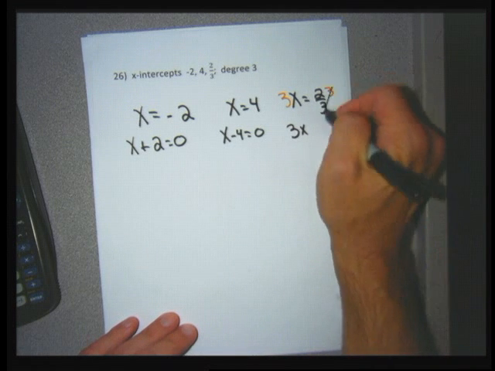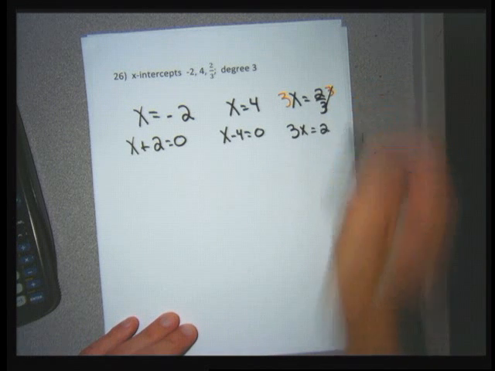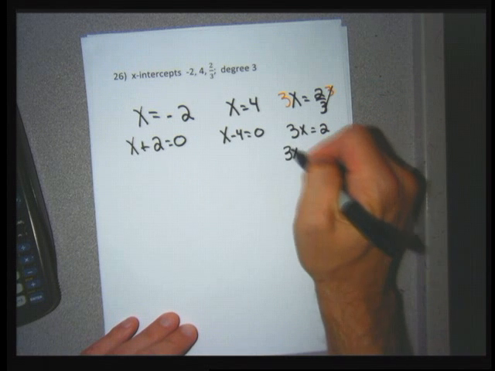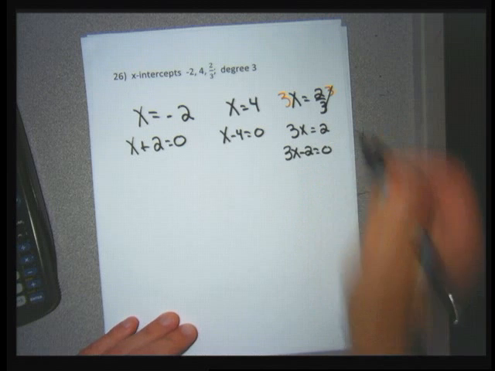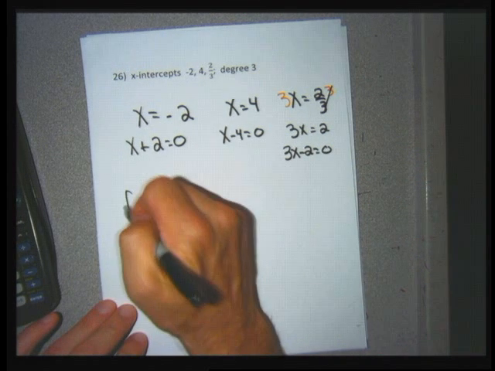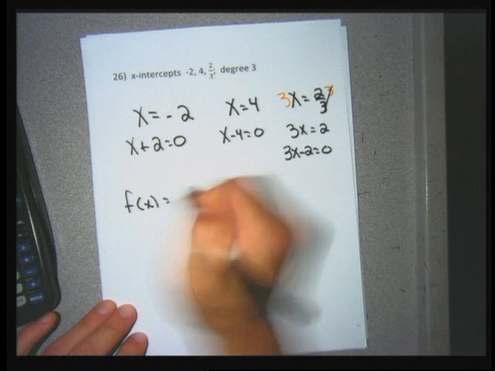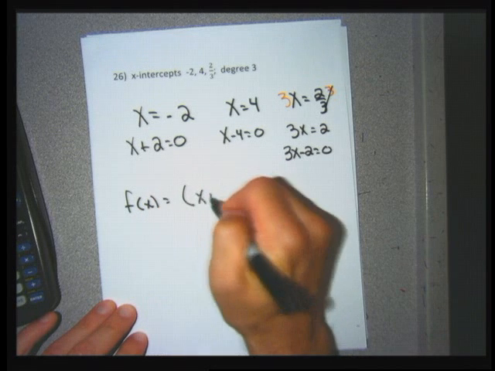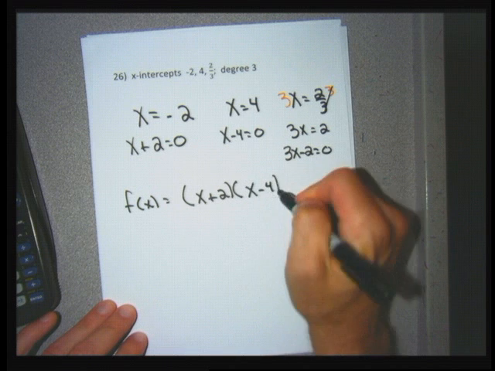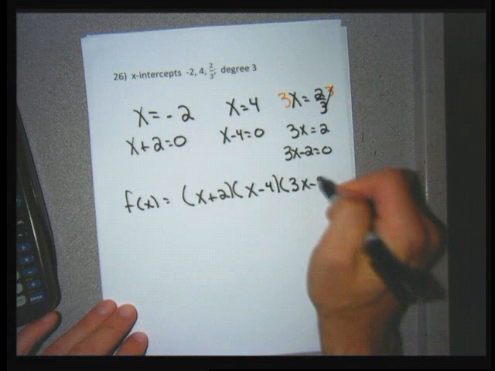When you multiply the right side by 3, the 3's cancel and you get a 2. I'm going to subtract 2 from both sides and get 3x minus 2 equal to 0. The function that I'm going to look for is found by taking the factor x plus 2 times x minus 4 times 3x minus 2.